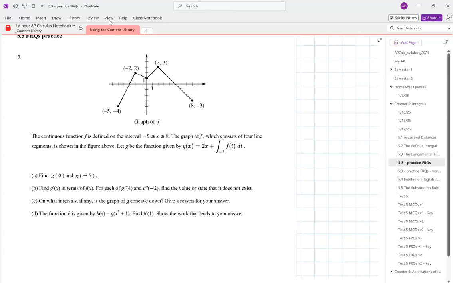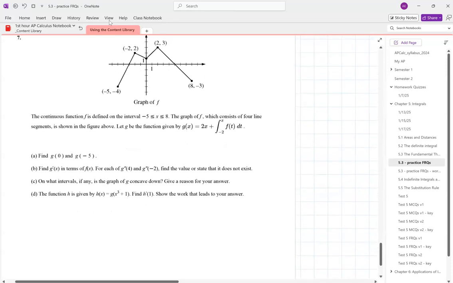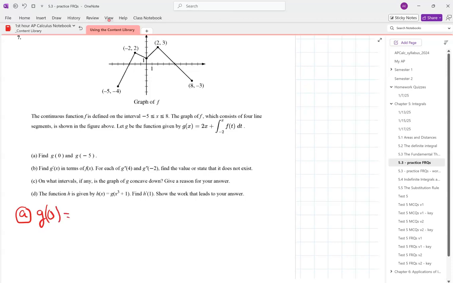We're first asked to find g of 0 and g of -5. So g of 0 is going to be 2 times 0 plus the integral from -2 to 0 of f of t dt. Everybody feel good there?